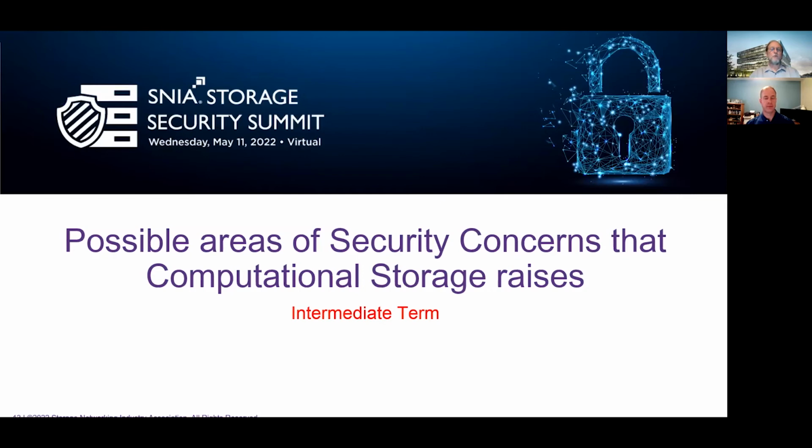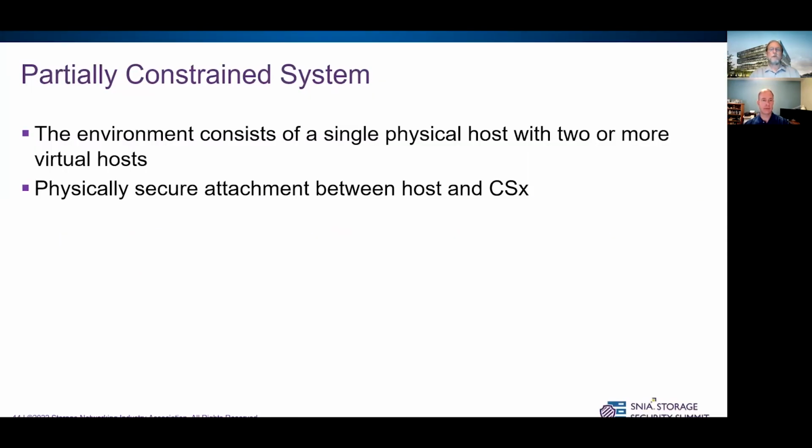As we go into the intermediate term, we're looking at something that is a little bit more complex, but not the whole kitchen sink of complexity. This environment, again, consists of a single physical host, but that host now has 2 or more virtual hosts. This provides some more security concern points, some more places where we should be thinking about the security of the system.